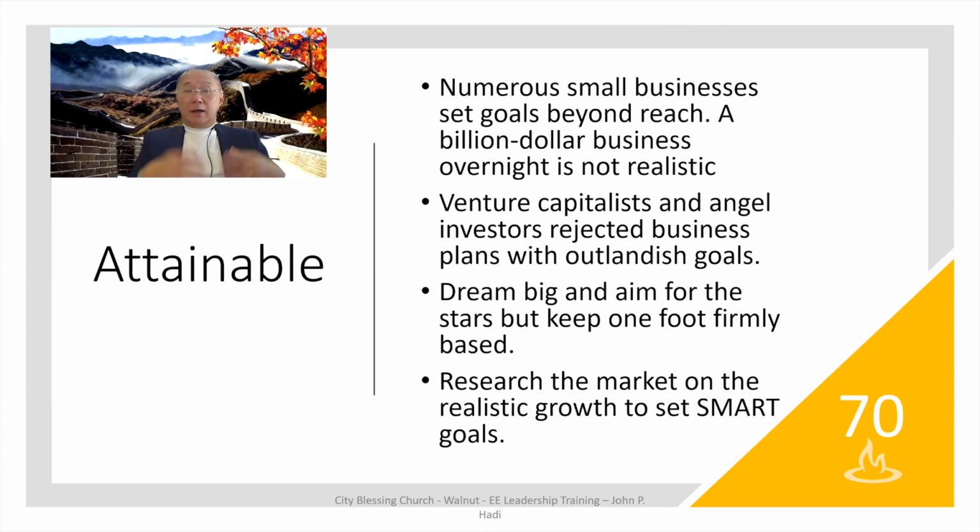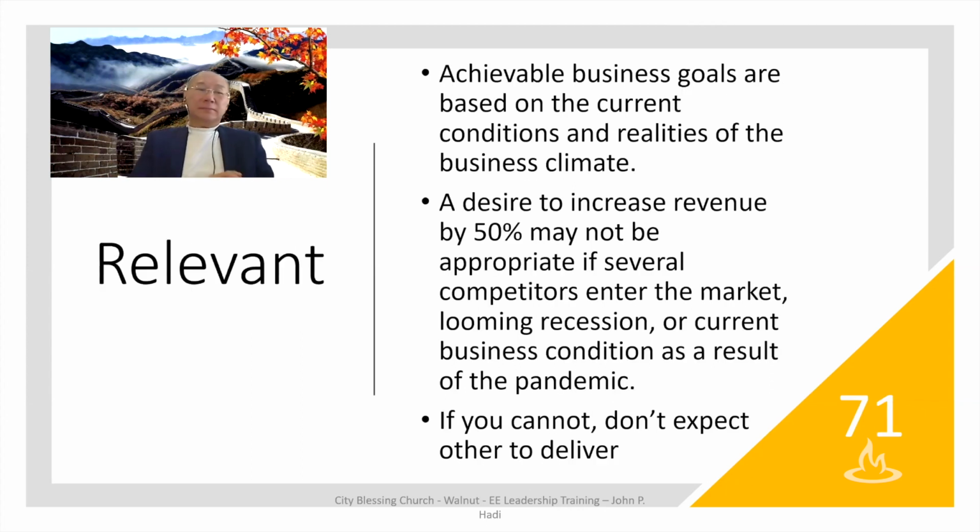But the company didn't grow from 40 billion to 300 billion in 1 year. It took 20 years to do so, right? So that is an attainable goal that can be achieved over time. Research the market realistically and set a SMART goal. Remember the SMART goal, right? Relevant.